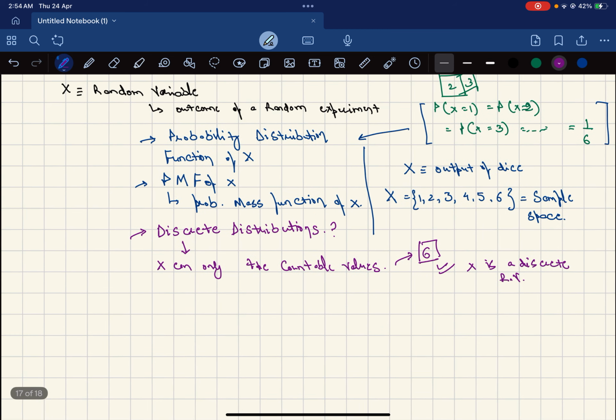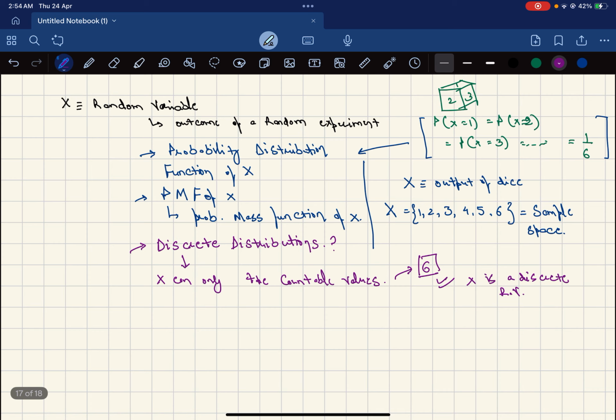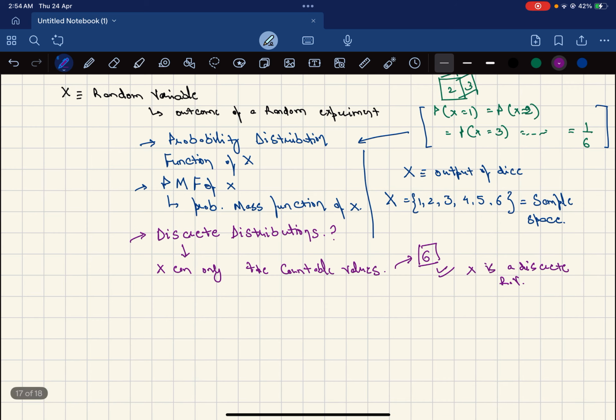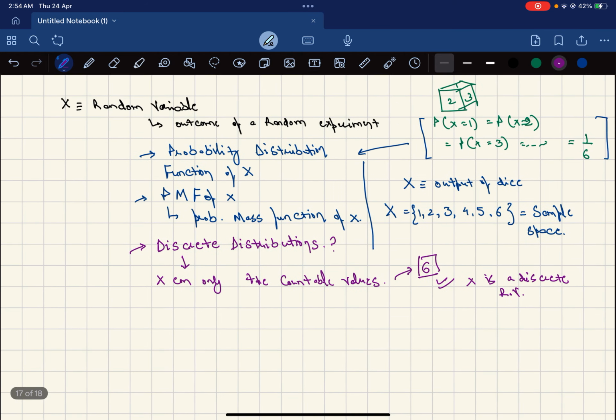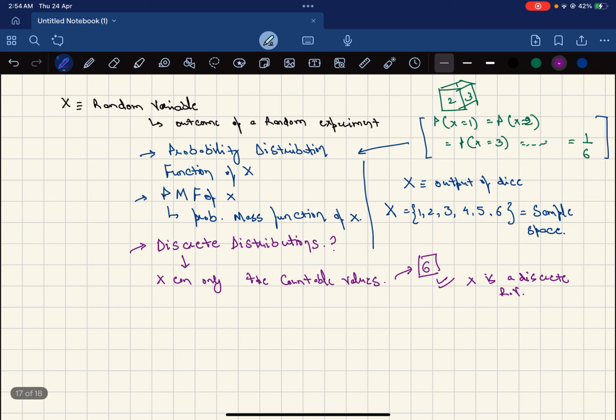Now that we know what is a discrete distribution function, or we can call this a probability mass function of X, let us say we want to plot this kind of a function in a particular graph. So how do we do that?